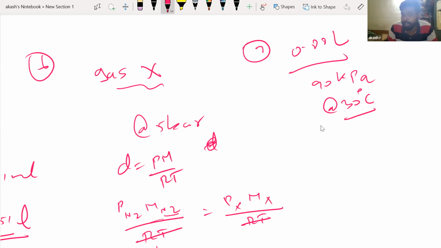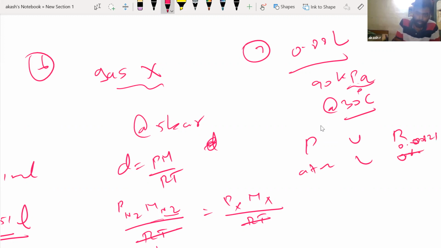Guys, what R value will you use here in this question? Sir, 8.313. Yes, 8.314. Whenever we go for SI units, Pascal is an SI unit, right? Remember that if pressure is in atm and volume in liters, then the R value is 0.0821.